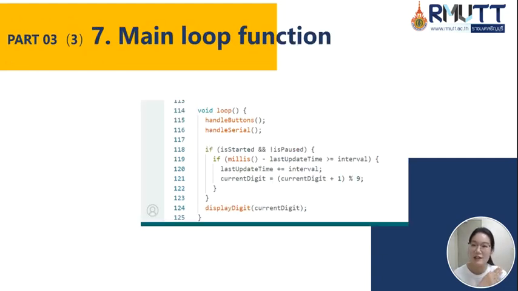This is the seventh part, main loop function. The loop function is the core loop of the program, which continuously detects button and serial port input and manages the timing update of the digital display.